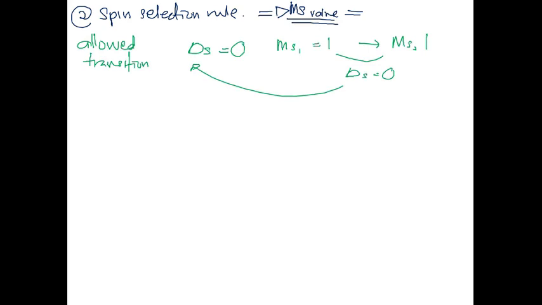While for the forbidden transition in the selection rule, of course your delta S is not equal to 0, which means it has a value. For example, you have a D2 metal complex.